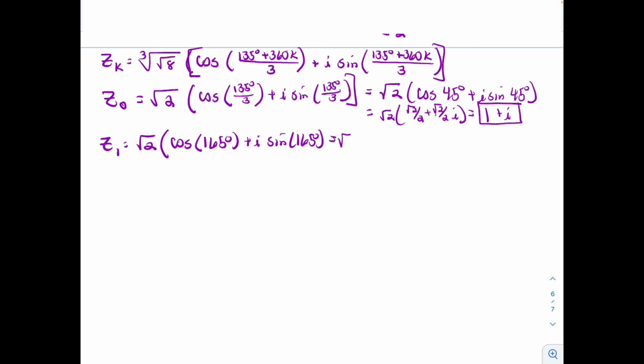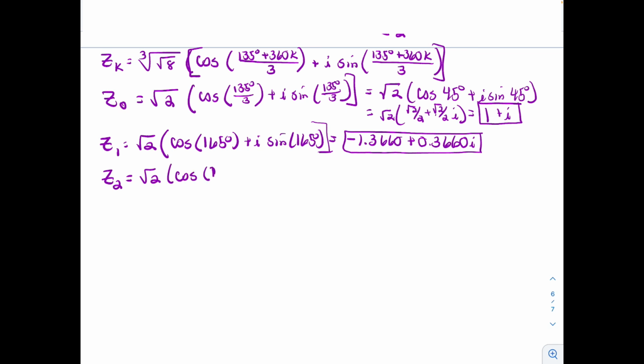So when you get an angle that's not on the unit circle, all you do is type this into your calculator, make sure you're in degree mode, and we'll just write our decimals. We usually do 4 decimal places. So I'm going to take the square root of 2 times the cosine of 165 degrees, and I get negative 1.3660. Doing the same thing with the sine, I end up with 0.3660i.